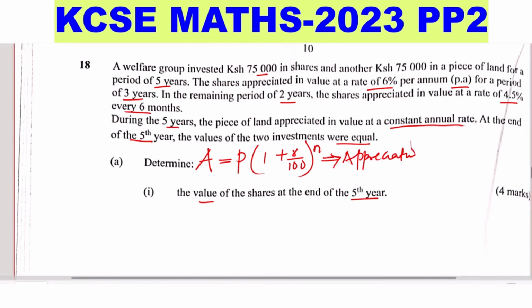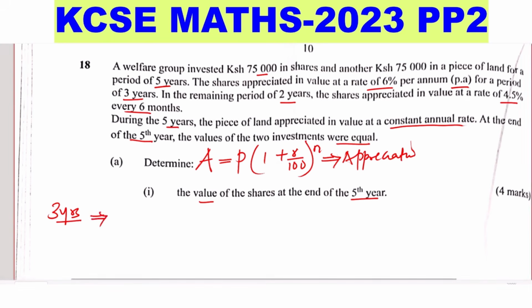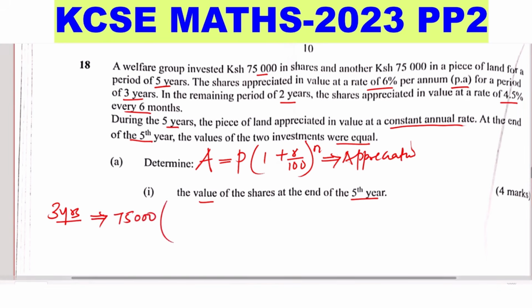So let us begin with the first 3 years. For the first 3 years, the amount will be given by the initial amount that was invested, which is 75,000, then 1 plus the rate, 6 over 100, then the period is 3 years.